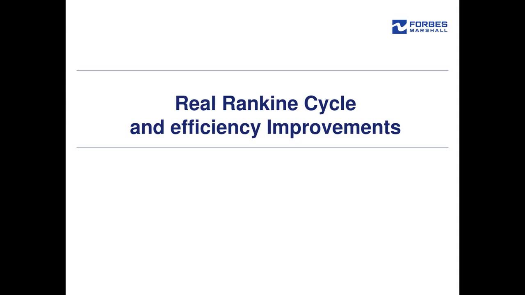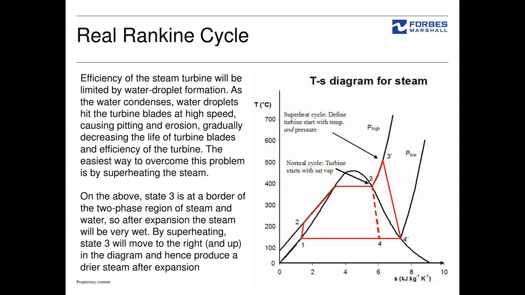Now we are going to talk about the real Rankine cycle adapted in various power plants and how we can increase efficiency of this cycle by making small process changes. Actually, when you use ideal Rankine cycle in a power plant, generally no one likes to use saturated steam in the turbine.